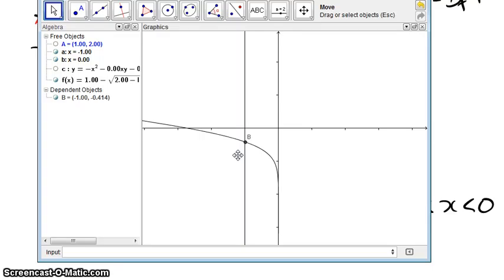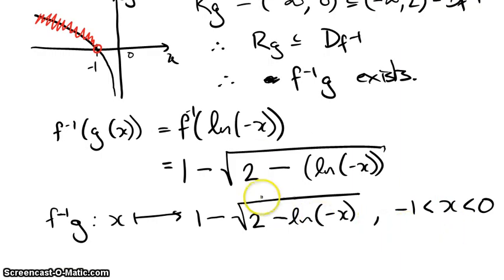Why not? I mean, it's the right answer, that's true, but if I reread the question, I need to find its range exactly. How could I find this value exactly? Well, I know where it happens. It happens when x equals -1. So let's see what happens if I put -1 into this equation.